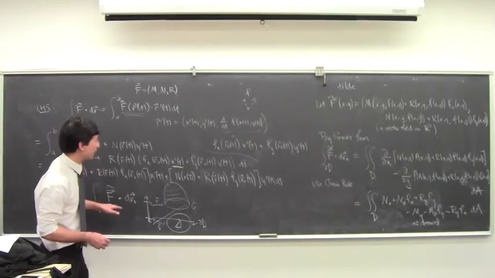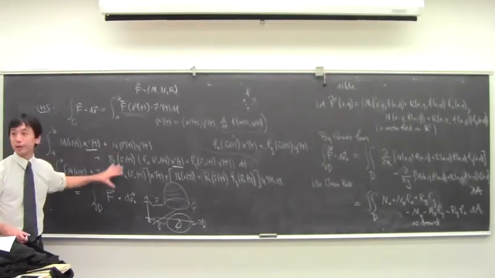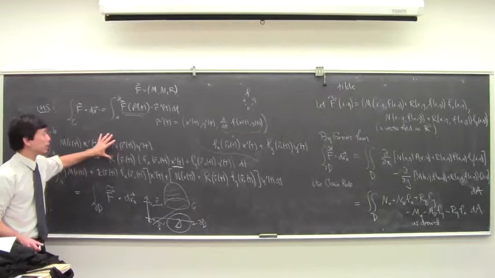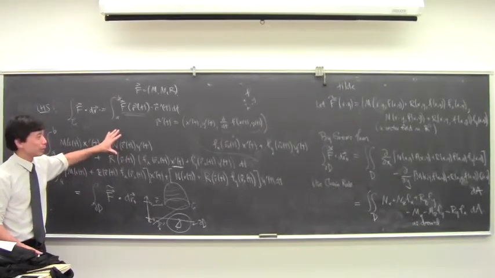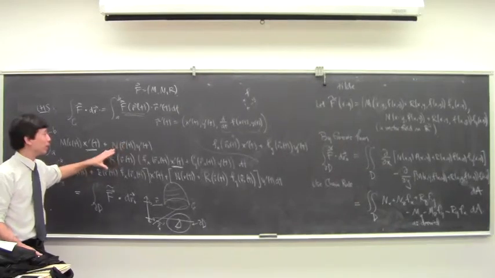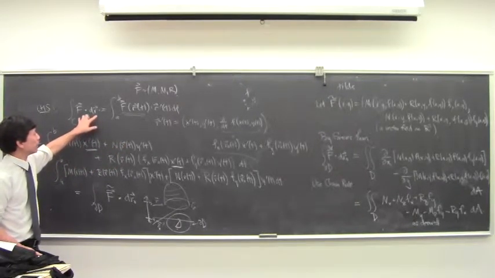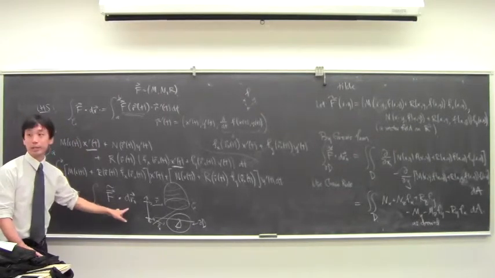I think the main thing I want you to get out of this is this transfer. Don't worry too much about all the calculations, but I'd like you to understand how we go from here down to here.